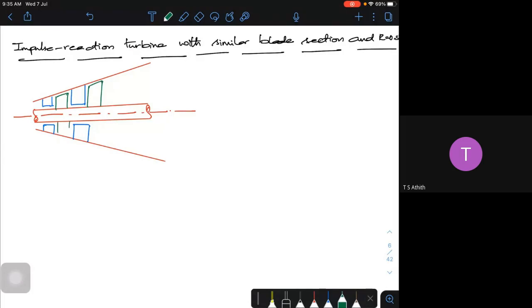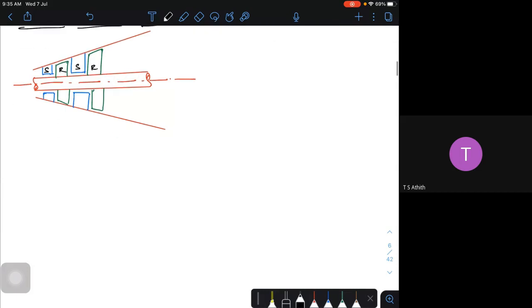These are stators, and these are my rotors. If you want, I can put the corresponding blade sections also, for one set I will try to draw.